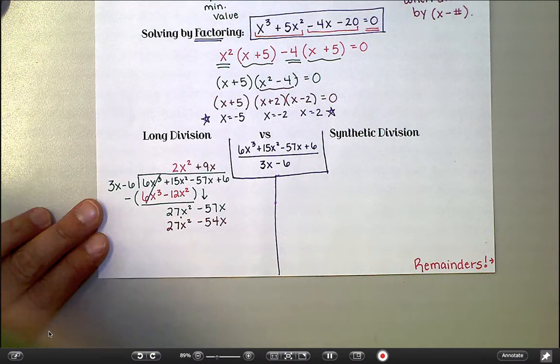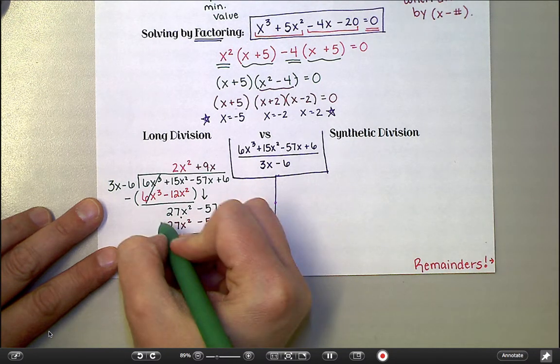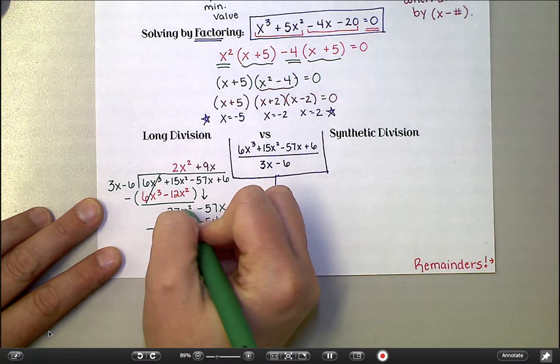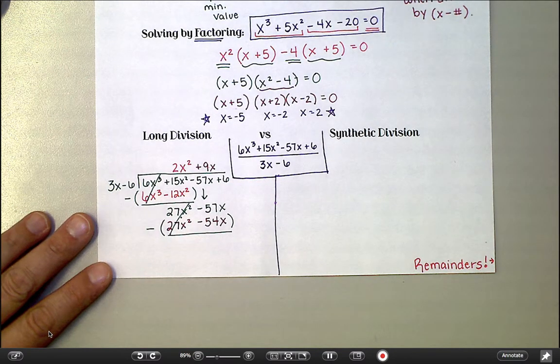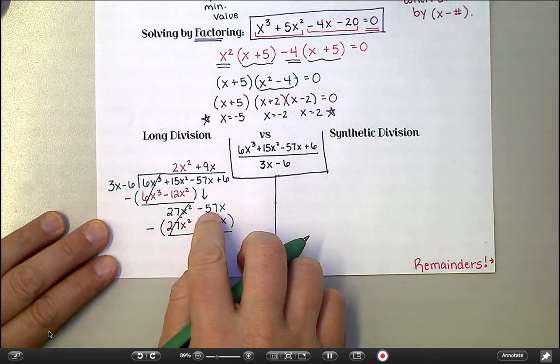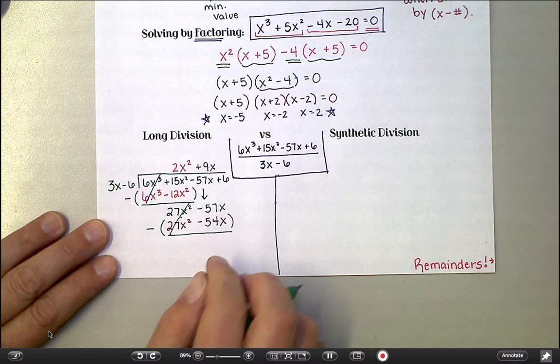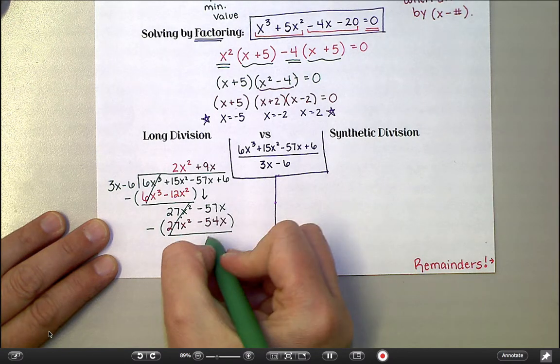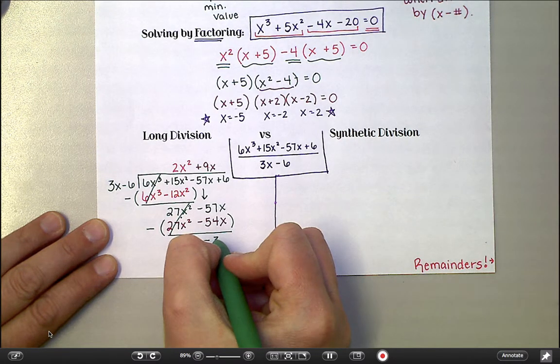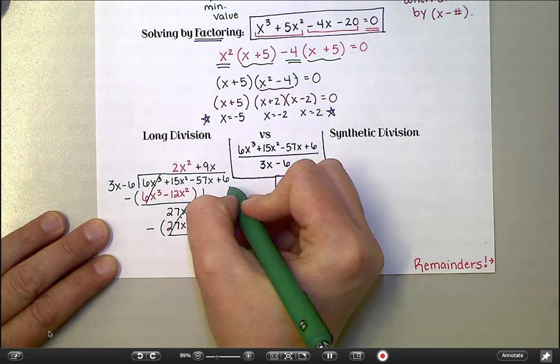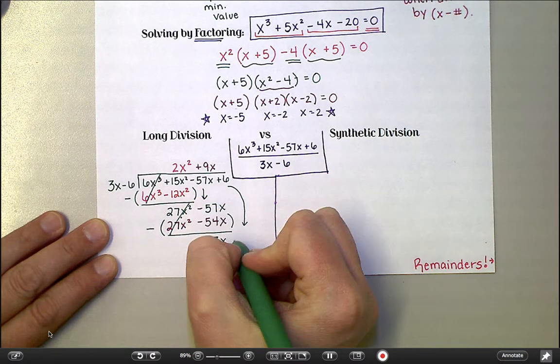And once again, I'm subtracting here. So 27x squared minus 27x squared goes away. Negative 57 minus negative 54, which is really addition, minus a negative. So that's going to become a negative 3x. And then I'm going to drop down my 6 from way over here.